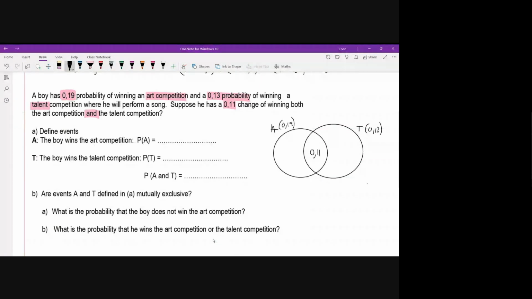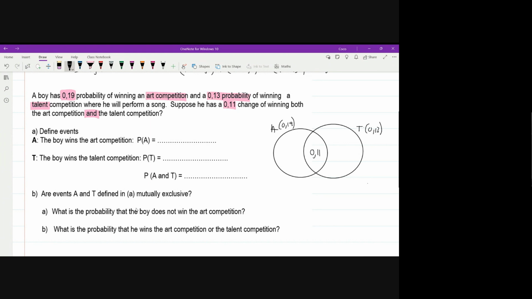In just A only. Yes. Good, Stanley. Not 0.8, you've missed it by just a little bit. 0.08.